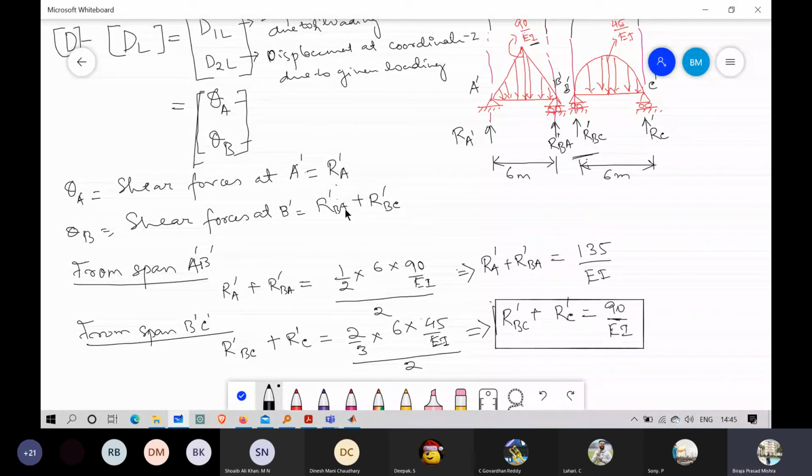So what will be the next step then? The next step will be, so this one I am changing the ink color.